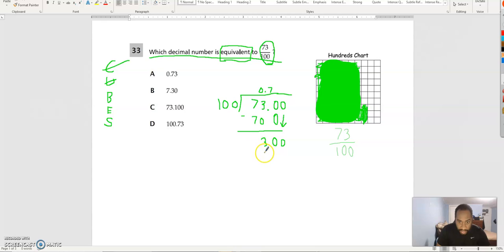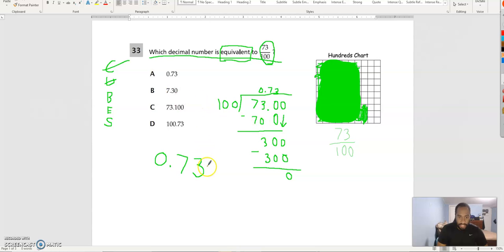Carter? Yes, 3 times. So 300 subtract 300 is 0. So no remainder. So that is 0 and 73 hundredths.